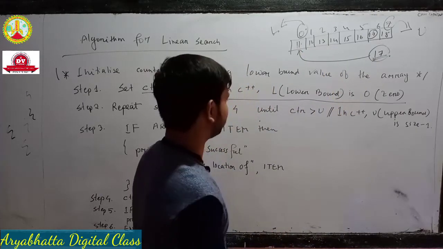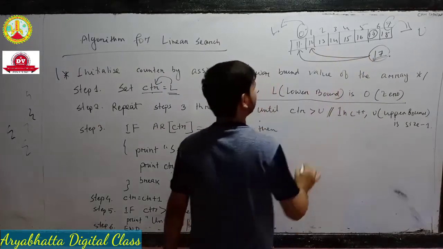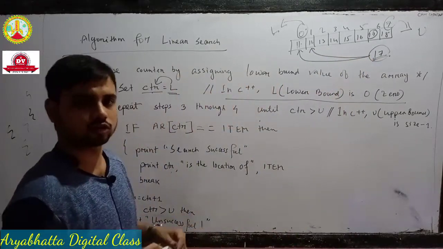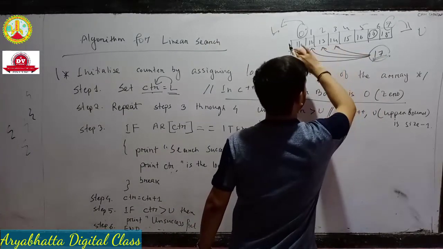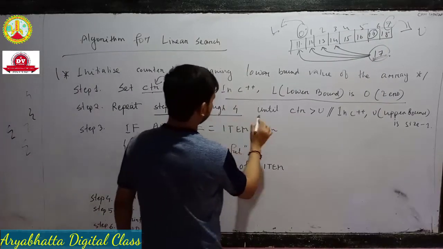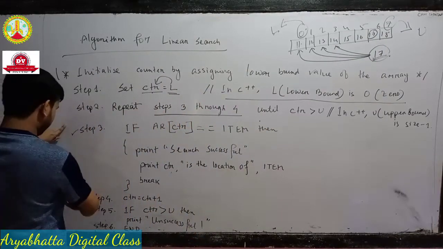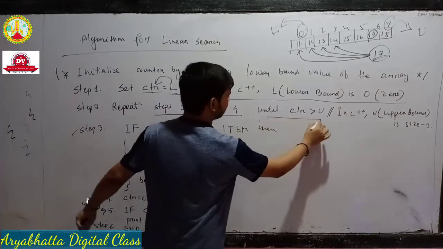This will not be same, okay? Then you go through this 1. Compare 17 and 12. This is also not same. Then you go through this. This is not same, like that. We will go further like that. That means steps 3 through 4. This will be the loop concept. This will be running until CTR greater than U.